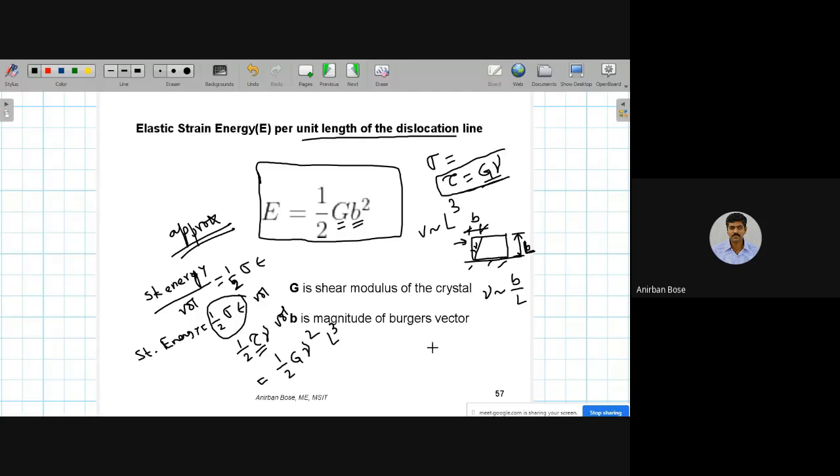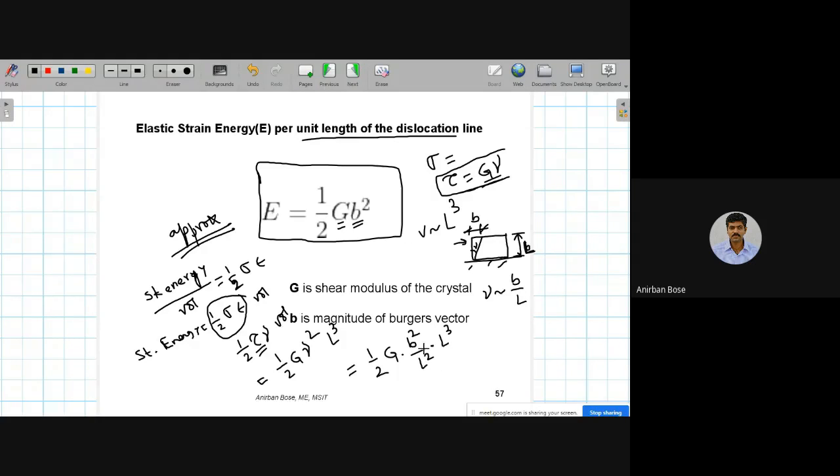If you simply put the value of the shear strain in this expression, it will come to half into G into the order of B square divided by L square into L cube.